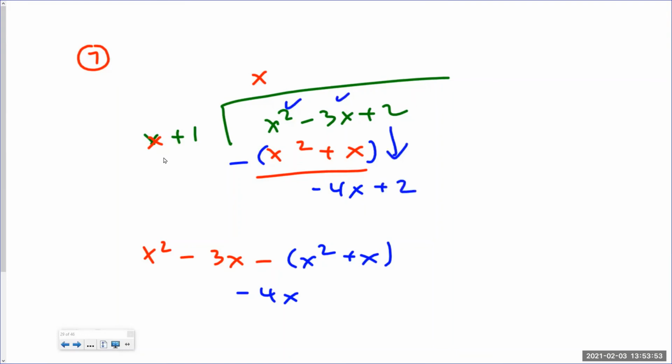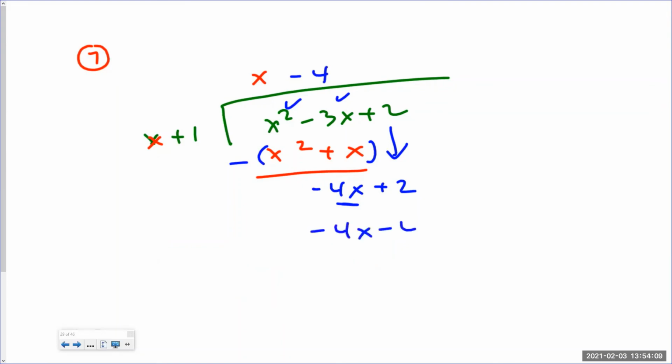Then I'll say x times what gives me negative 4x? You only look at the first term. Negative 4. Then you multiply again. What's negative 4 times this whole x plus 1? Is that negative 4x minus 4? Then you subtract it, and the tricky part is subtracting this whole thing.